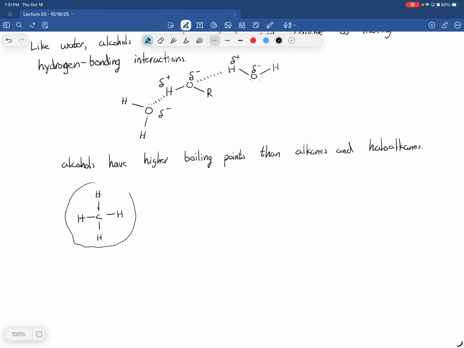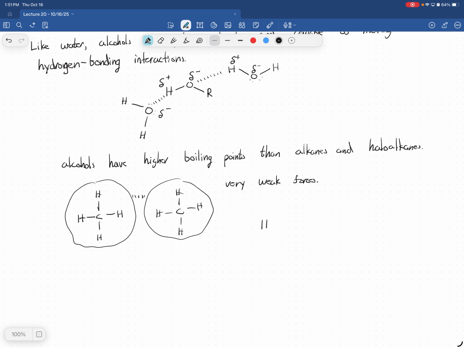So let's think of this as our methane molecule, and we have another methane molecule. So this attractive force here is very weak.